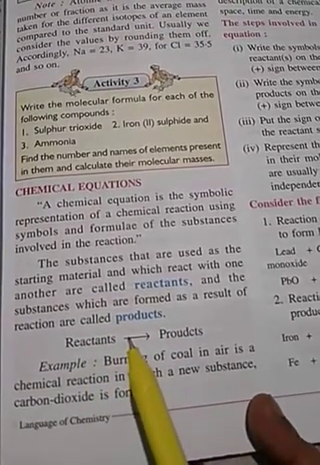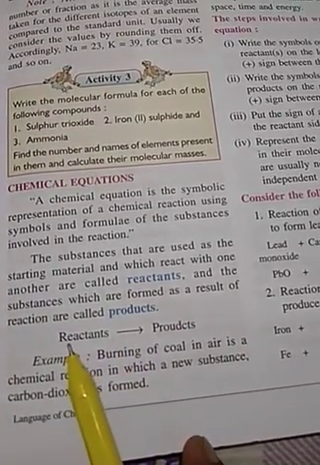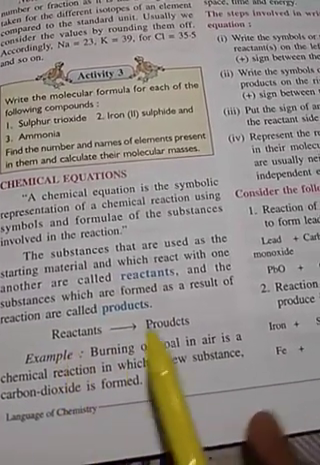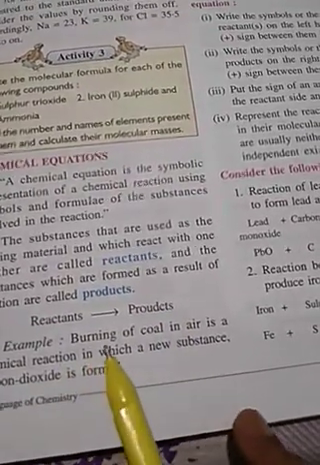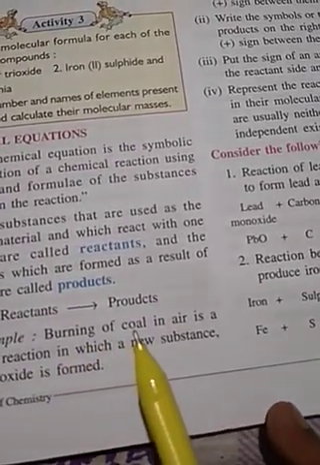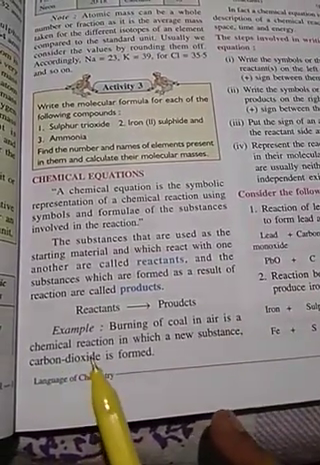So this is the arrow. On the left hand side of the arrow we write the reactants and on the right hand side we write the products.